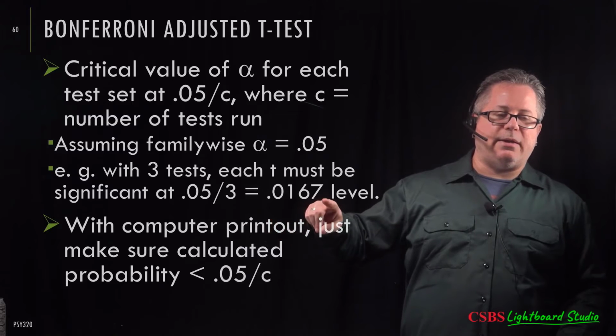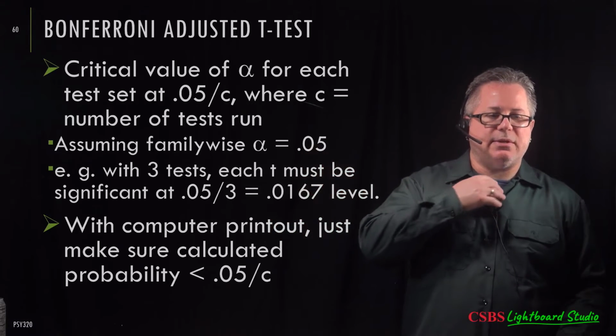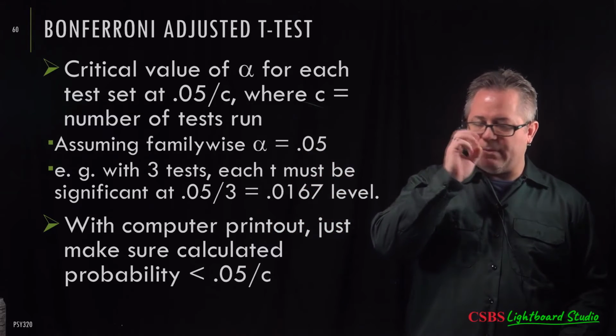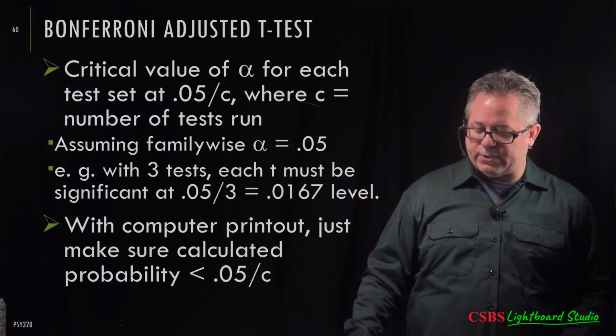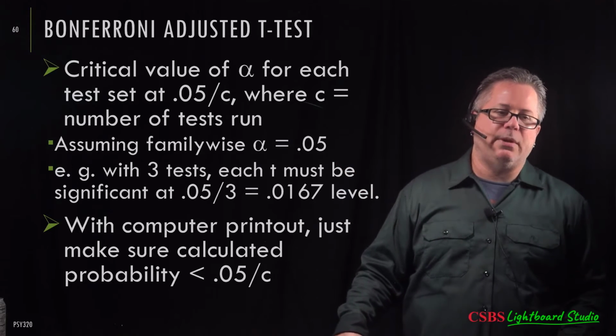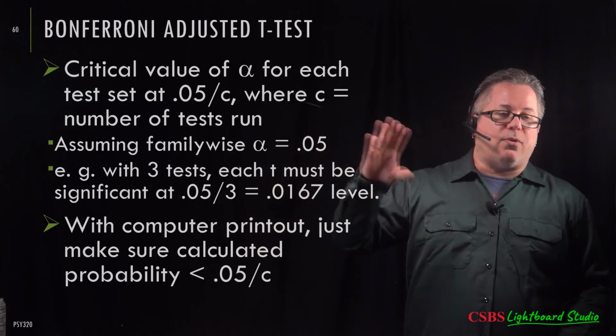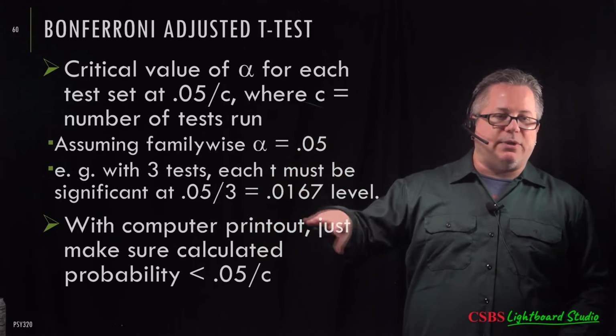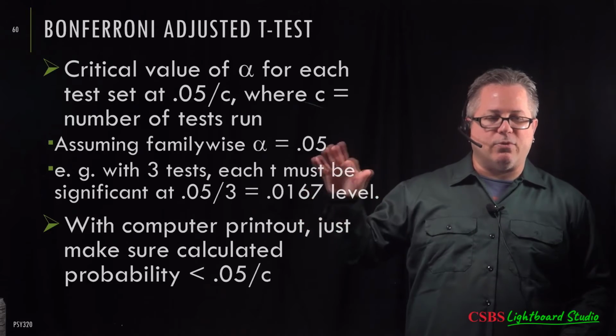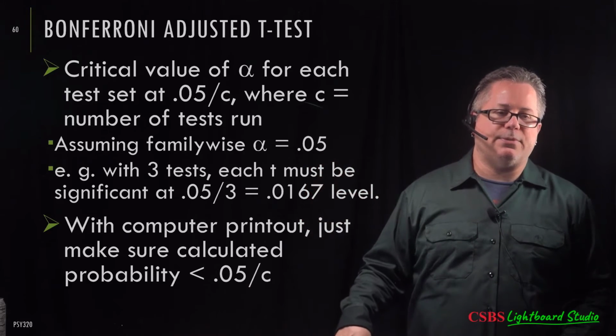So if each individual t-test, whether a regular straightforward t-test or the Fisher's LSD version, is significant at this level, then I know that the overall alpha level is at 0.05, and it keeps everything from overinflating the type 1 errors.